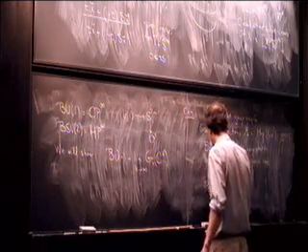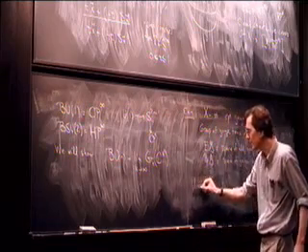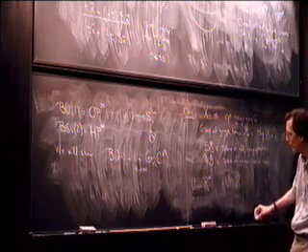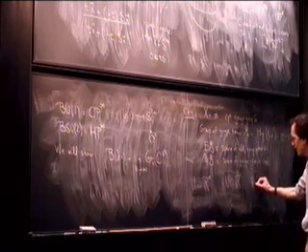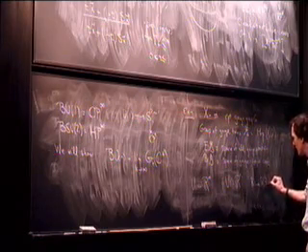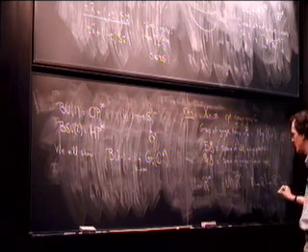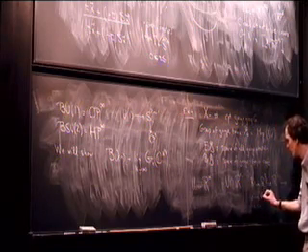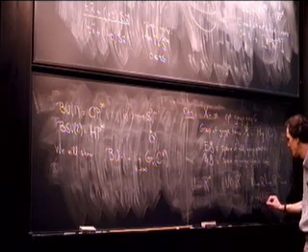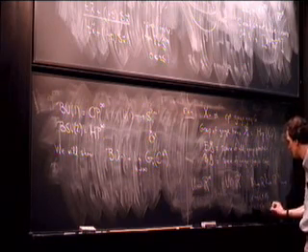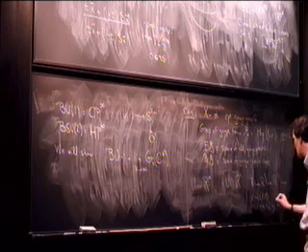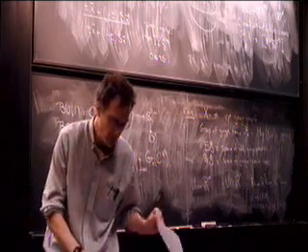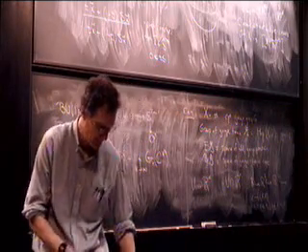For example, an open set in R infinity is open if it's open in Rn for all n, where I embed R in R2, in R3, and so on by taking x to (x, 0), and x1, x2 to (x1, x2, 0), and so forth. So there's a well-defined way of taking these limits.